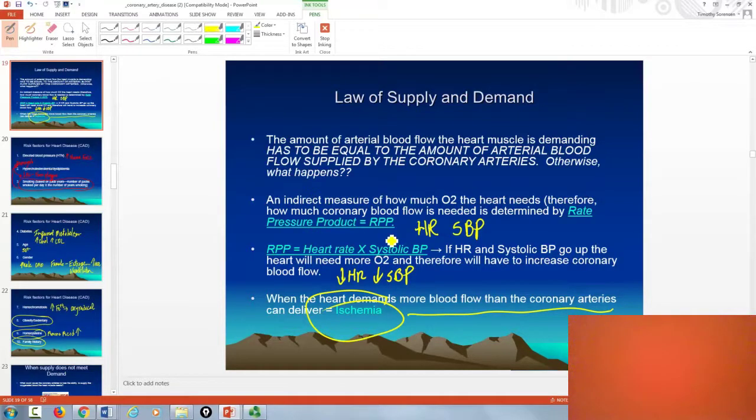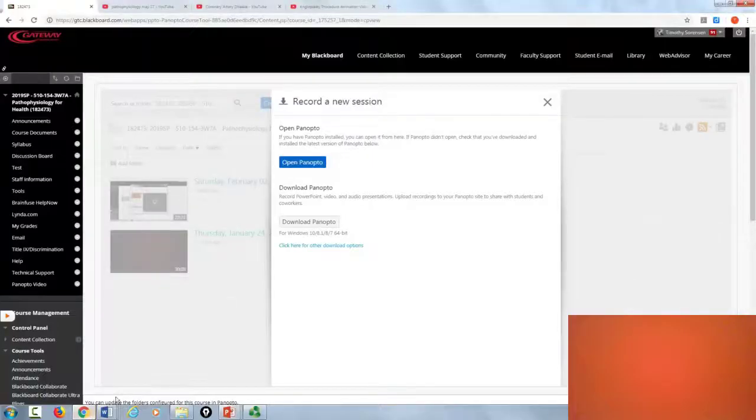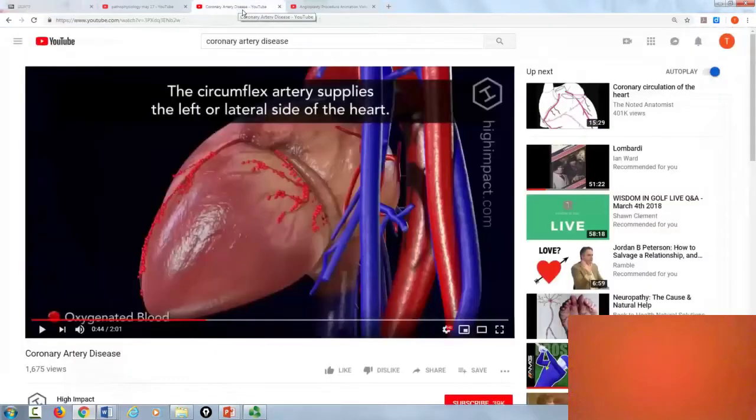Because the plaque in that artery is significant enough where if they're not doing much and they're still developing that ischemia. So that's why chest pain that occurs at a higher rate pressure product is less severe than chest pain that occurs at a lower rate pressure product.